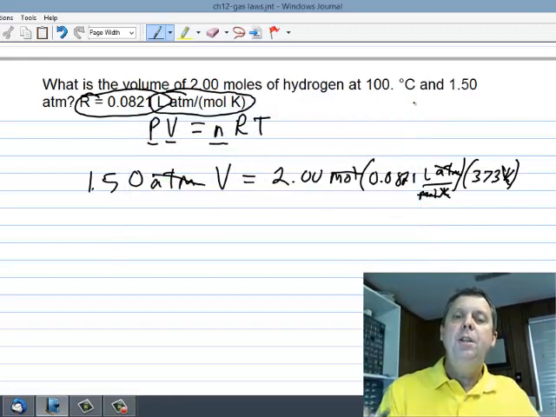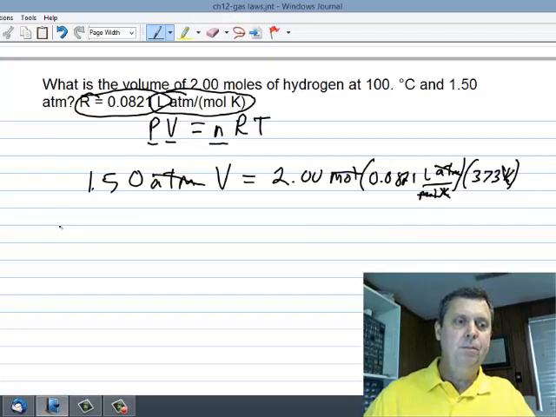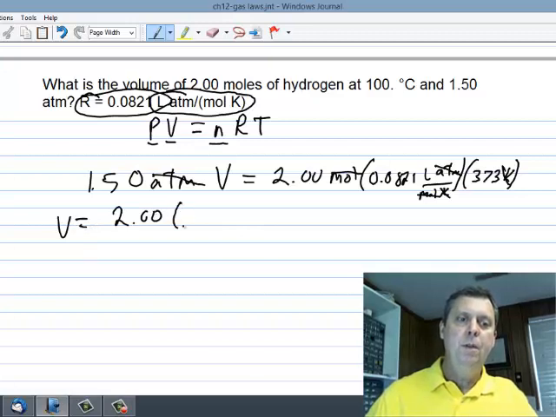Okay, so all we need to do is solve for our volume. So we rearrange. Volume is going to be 2.00 times 0.0821 liters is the only unit left there, times 373.